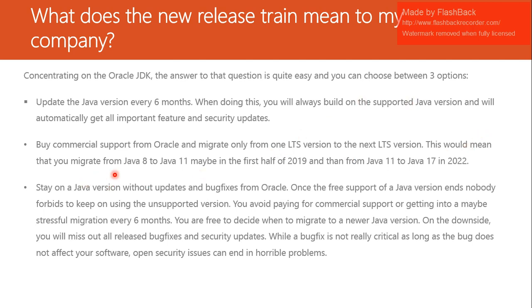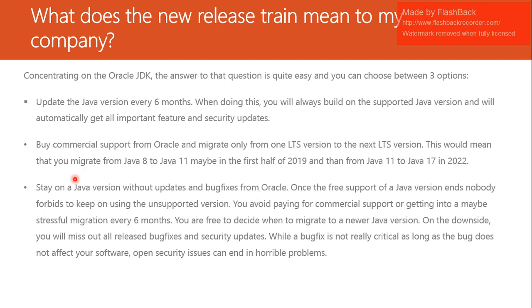So this will mean that you migrate from Java 8 to Java 11 maybe in the first half of 2019, and then from Java 11 to Java 17, which will be the next LTS version after Java 11, and that will be around 2022. So you have a very lengthy time to enjoy your application running on a particular LTS version before you actually move that application to another Java version. So that's another option for you.